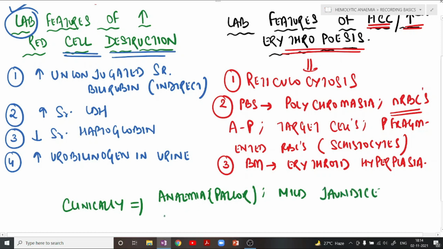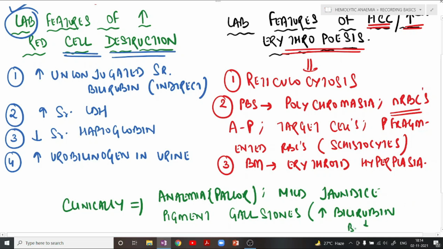Along with that, there will be formation of pigment gallstones. And why do pigment gallstones form? Anyone has any idea? Please comment in the comment section and tell me. Because of increased bilirubin excretion into the biliary tract. And where is this bilirubin coming from? From excessive breakdown of the RBCs.